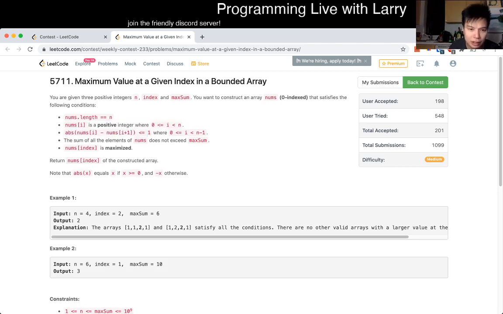I thought this was constrained by i. No, nums of i can be anything. Oh, then this is much different than what I was thinking. I totally misread this, because it doesn't have to start with 1. For some reason I thought you have to start with 1. So now we can do a binary search much easier that way.